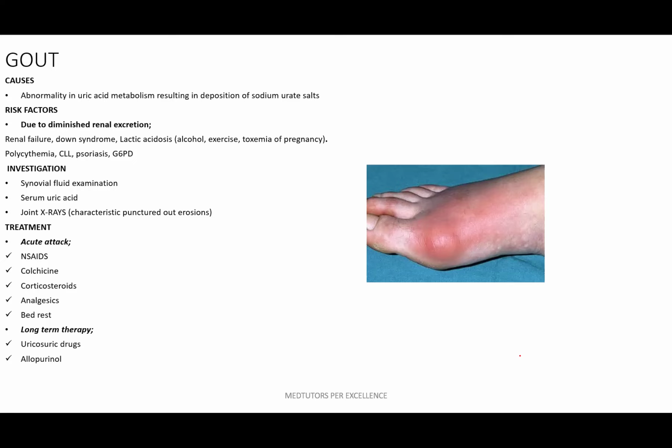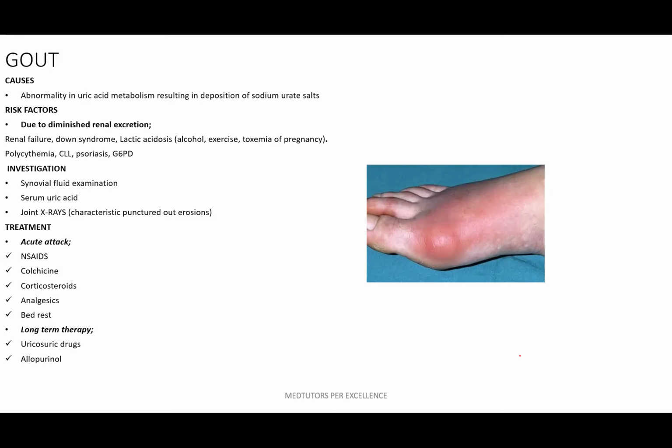Even the serum uric acid will be elevated. Now, when you are doing synovial fluid evaluation, don't forget you are also checking for the cells. Remember, if it is rheumatoid arthritis, you have elevated white blood cells, more than 2,000 per millimeter cube.